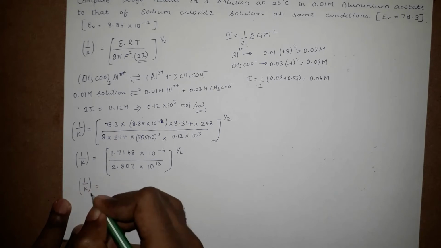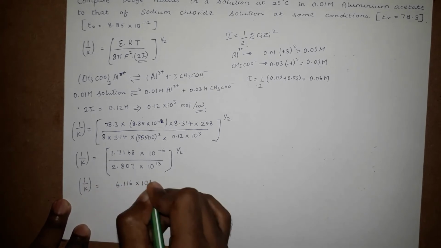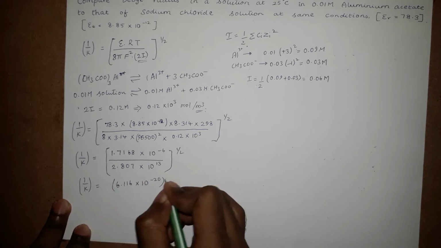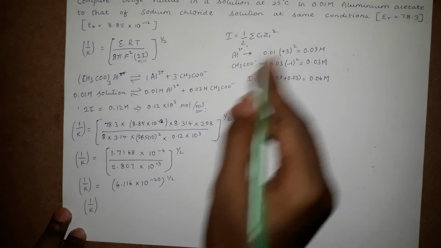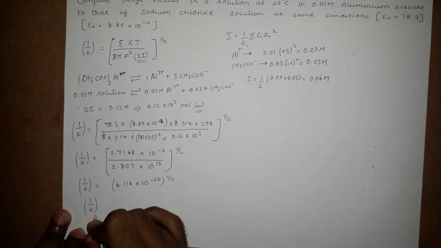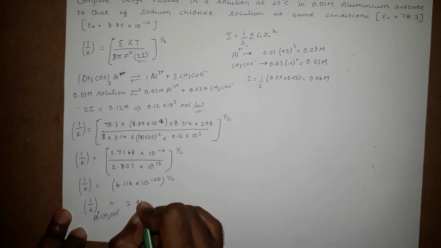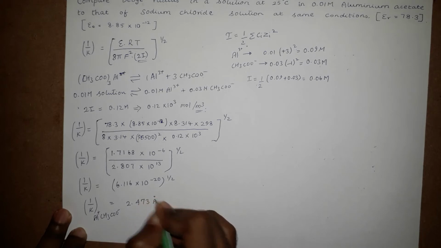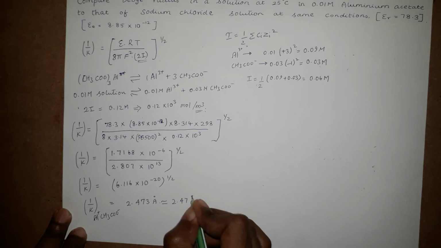So the Debye radius is equal to 6.116 into 10 raised to the power minus 20, raised to the power 1 over 2. Therefore the Debye radius of aluminum acetate solution is equal to 2.473 Angstrom, which is approximately 2.47 Angstrom.